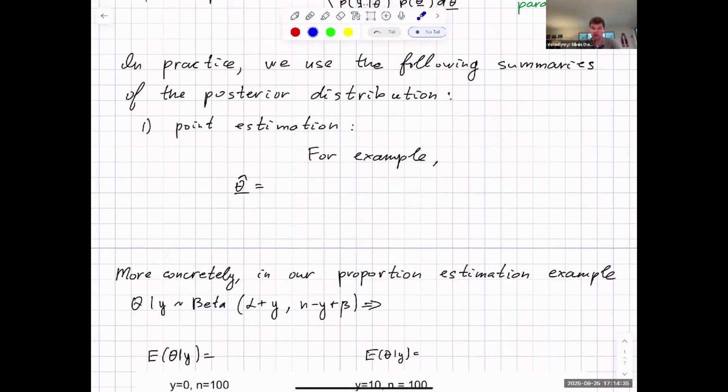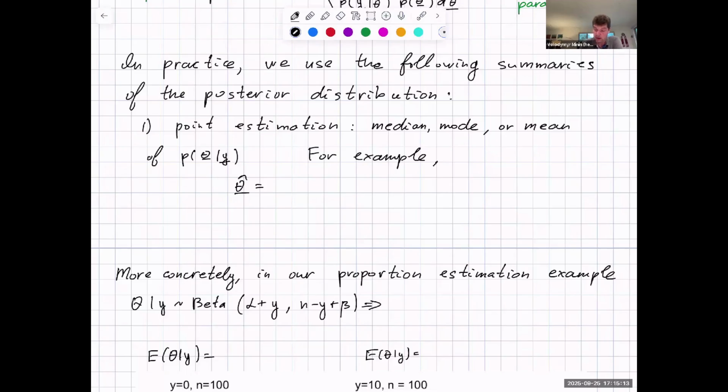So let me just spend a couple of minutes on that. In practice, if you want point estimation, you want a number, like what is this proportion? You actually have a couple of choices, and they sometimes give similar results, but it's important to remember that you have choices. You can use the posterior median or mode of the distribution, or the posterior mean of this distribution that we postulated as our main object of interest, the posterior distribution of theta.